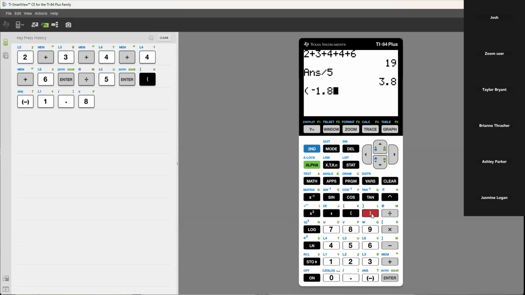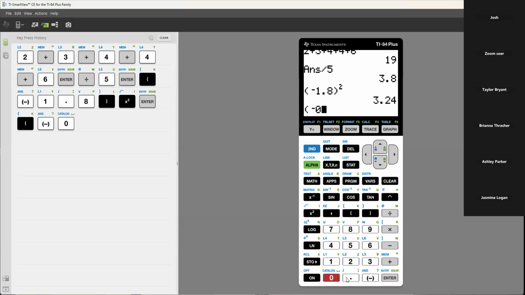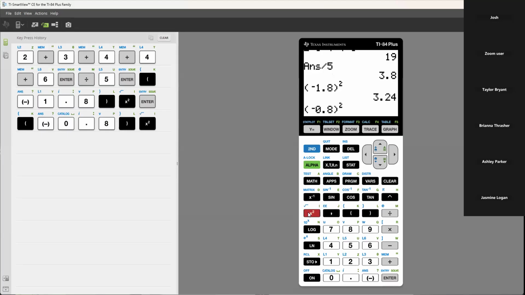1.8, close parentheses, and use this x squared button to square it, and then hit enter, and you get 3.24. Then I would do that with the negative 0.8. So parentheses, negative 0.8, close parentheses, and square that, and then hit enter, you get 0.64. So notice all these are coming out positive when you square them, okay?